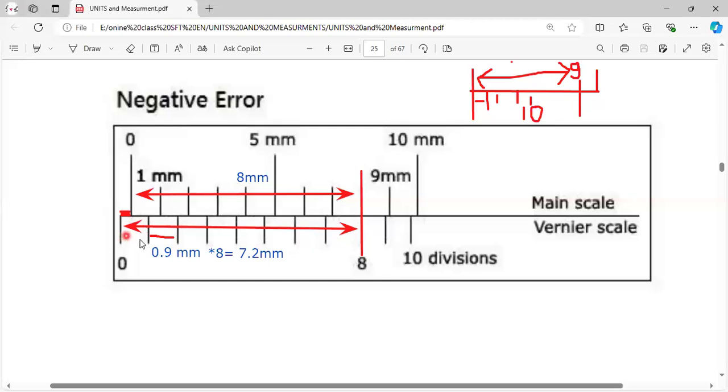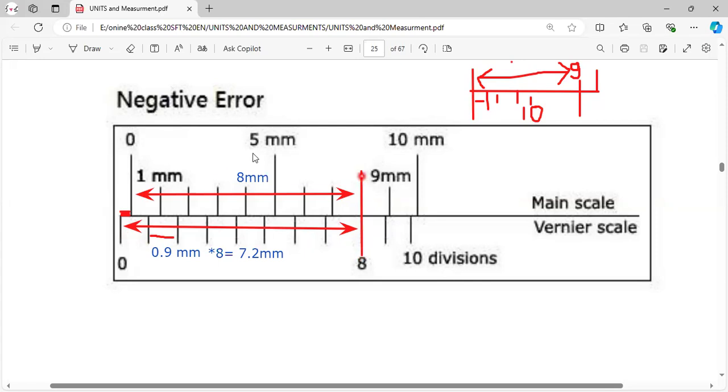As I said earlier, 9 millimeters is divided into 10 divisions in a vernier scale, so one division is 0.9 millimeters, multiplied by the 8 divisions up to the coinciding line.